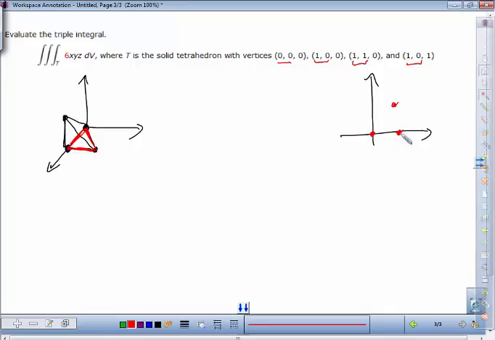That's this point again, so (1, 0) happens a couple of times over here. So the region that I'd be looking at is this. Okay?